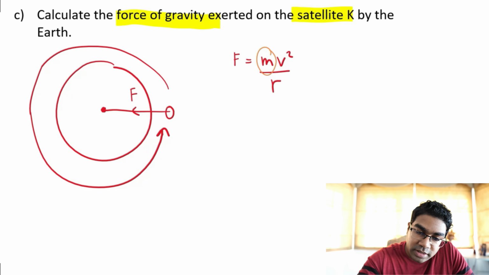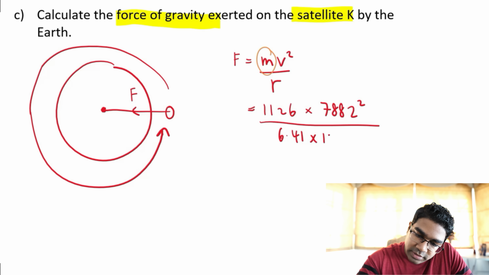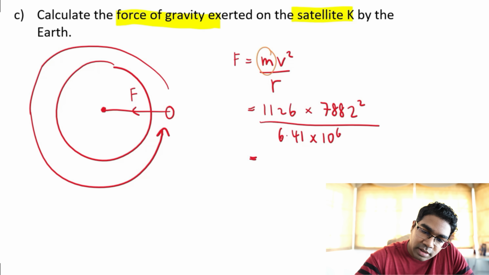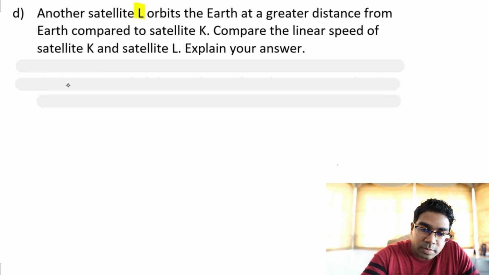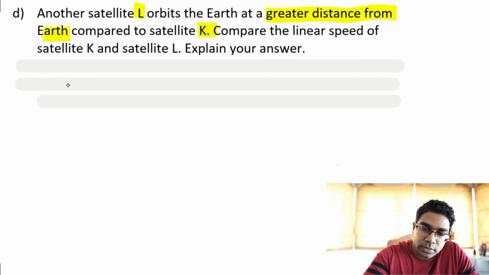So this will be equal to 1126, the mass of the satellite, times v squared, what we got earlier, that is 7882 squared, over the same distance, 6.41 times 10 to the power of 6. And so the answer here is 10913 newtons.